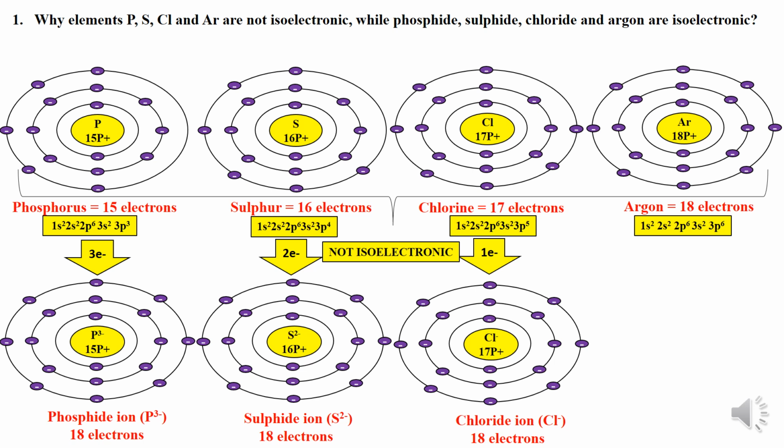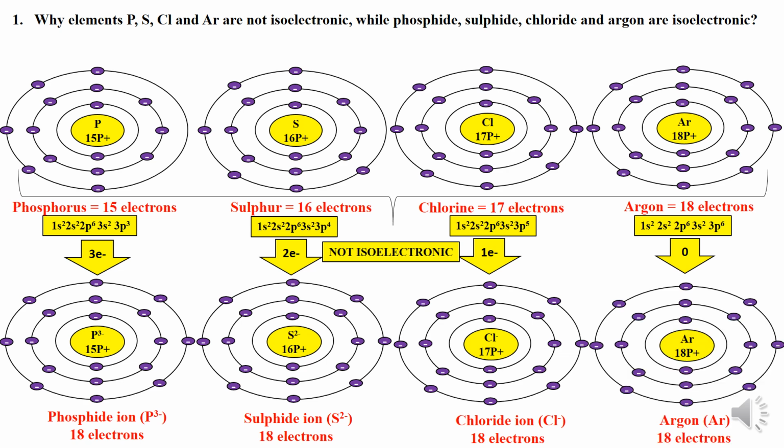And argon, being a noble gas, has the most stable electronic configuration and is chemically inert, and it has 18 electrons. So now you can see that all four have the same number of electrons, that is 18 electrons, and therefore they are now isoelectronic, with the same electronic configuration.